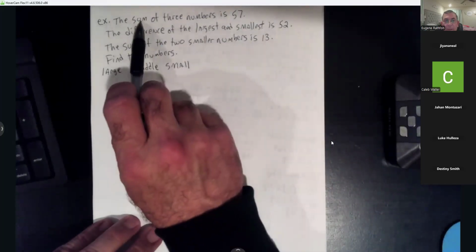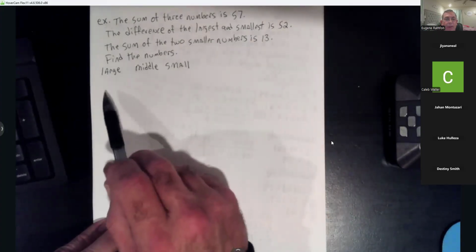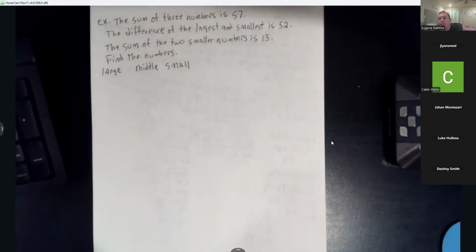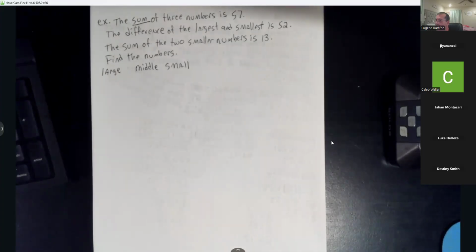So the sum of three numbers is 57. What would that equation look like? So the key word here would be sum. And y'all, I'm going to use X, Y, and Z for my variables, okay?